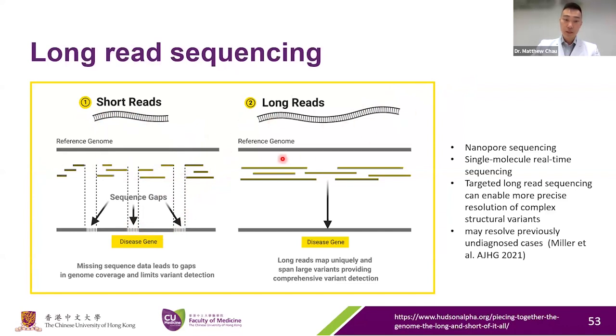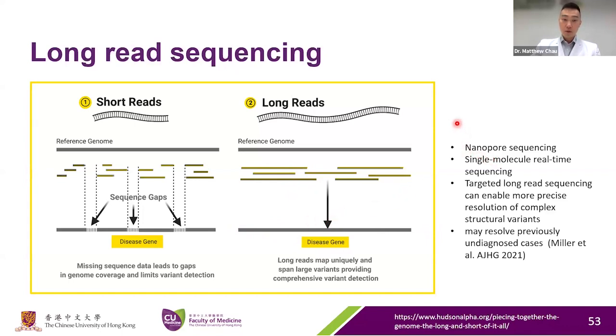With long read sequencing, your sequencing reads are over 10 to 15 or even longer kilobases. And this will allow you to better represent the genome by sequencing through those complex regions, filling up the gaps and potentially identifying more disease-causing variants.